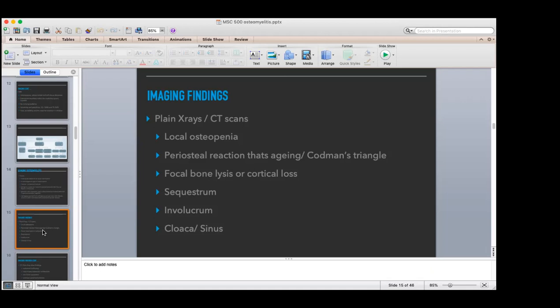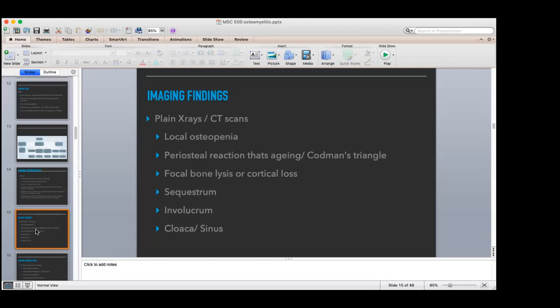Then you will also get now what we call the aggressive periosteal reaction and Codman's triangle. This Codman's triangle, I'll show you an image in a short while, will make osteomyelitis be a differential of osteogenic sarcoma because both can have Codman's triangle. You can also get focal bone lysis, and we have the sequestrum. Sequestrum is the dead bone.